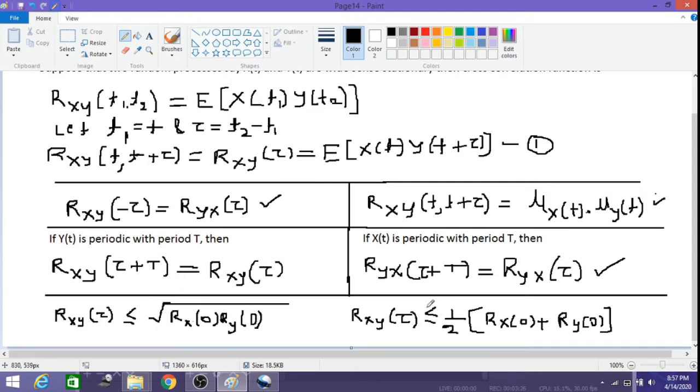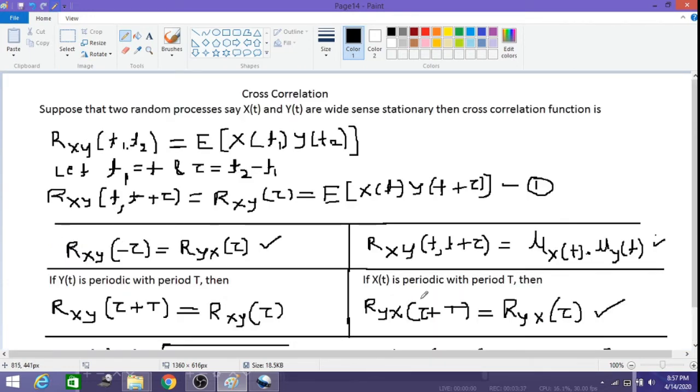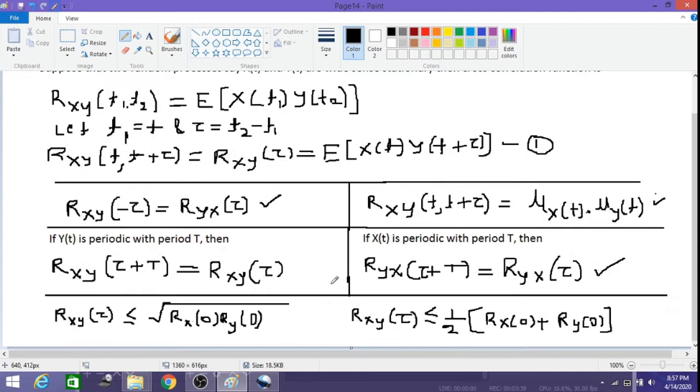And the one more definition is that it is also less than or equal to half of correlation of x plus correlation of y at tau equal to 0. So these are the properties of the cross correlation function. So next we are going to see the proof for this bound case.